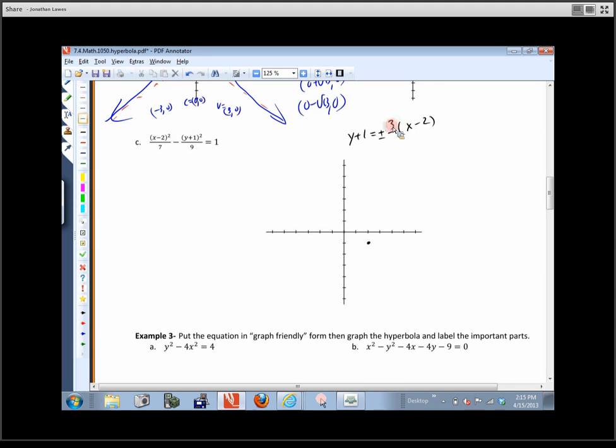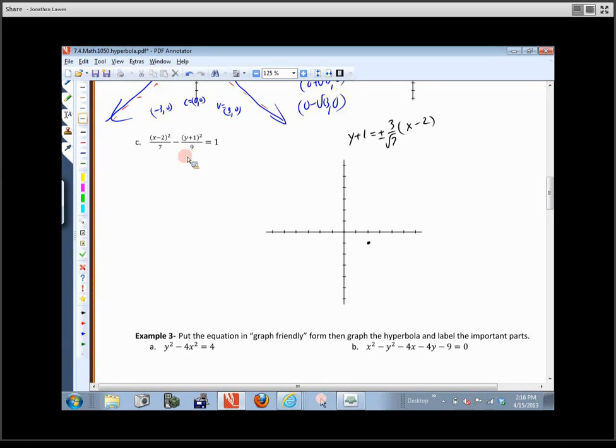So that's going to be a 3. And if I want to find the run, I look under the x. That's going to be a radical 7. Okay? In my opinion, I like finding the asymptotes first because my mind's not clouded with an ugly picture or anything like that and thinking about, my gosh, where's the focus and all that sort of stuff. These are the asymptotes. Okay? If you do it that way every time, you're going to get them right.